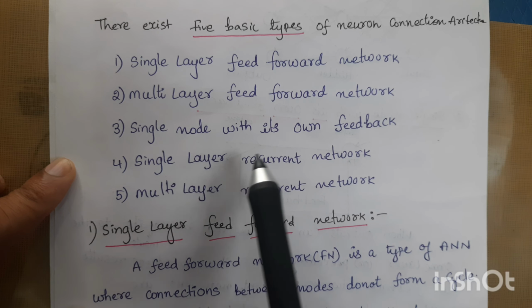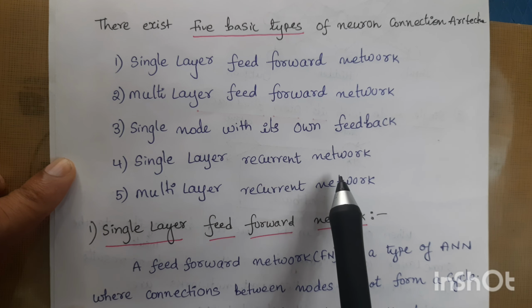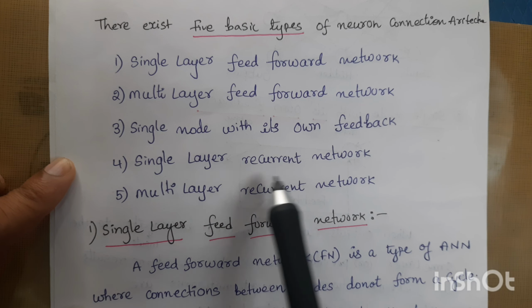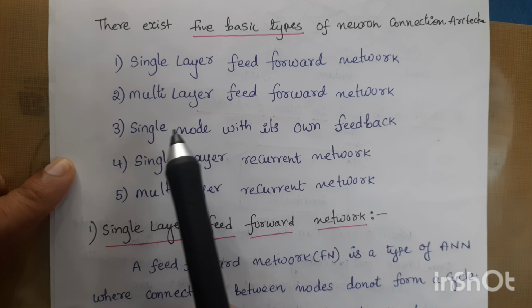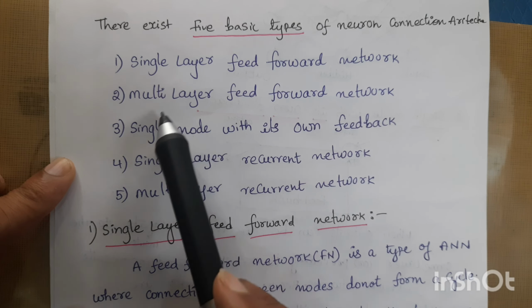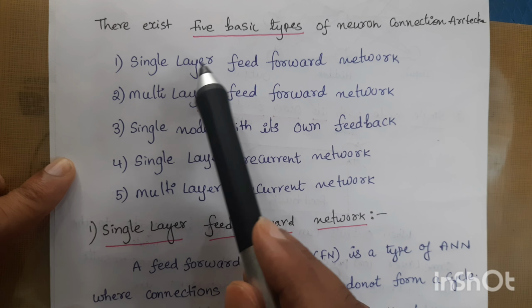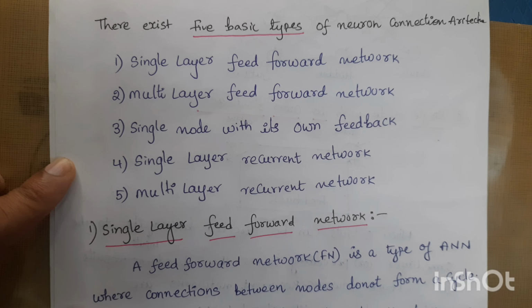Single layer recurrent network, multi-layer recurrent network. So here recurrent means loops. Loops are there. So the single node with its own feedback contains feedback, but these two do not have any feedback. These two are having loops, recurrent, nothing but loops.